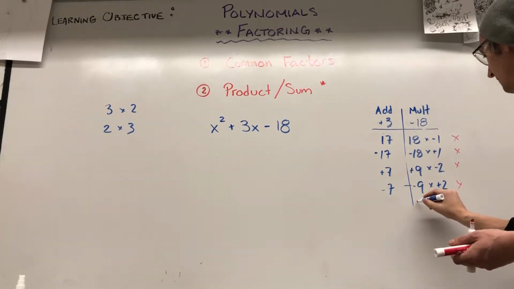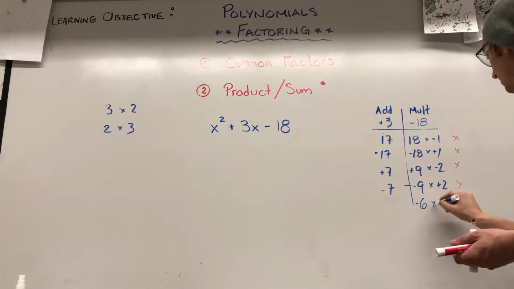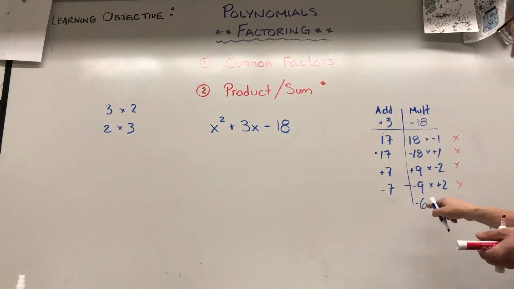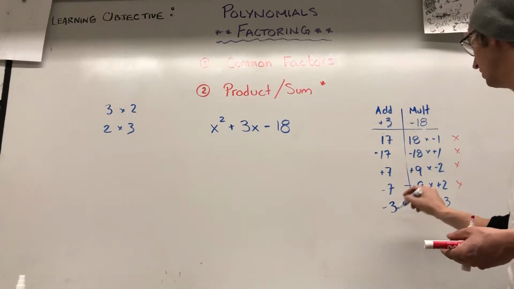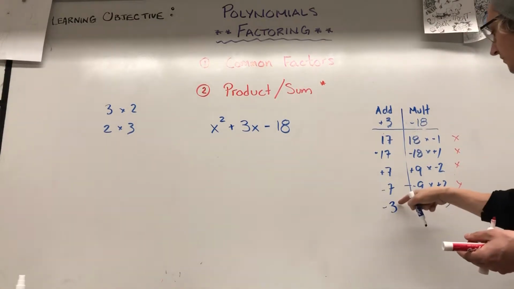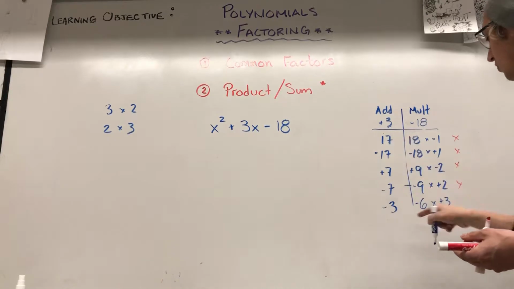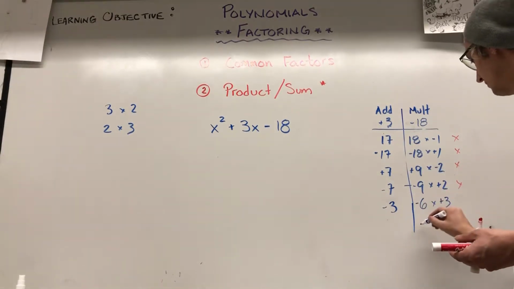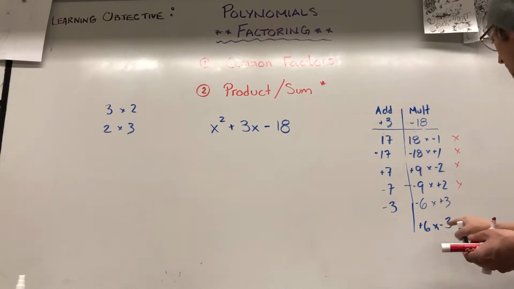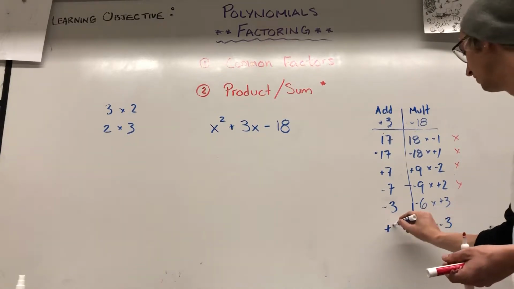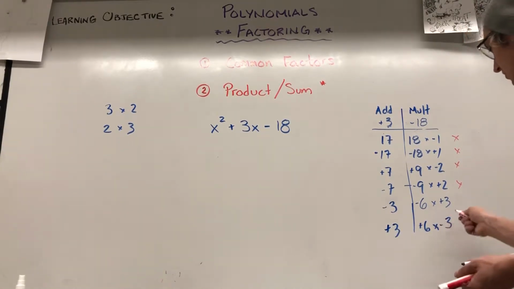Let's do negative 6 times positive 3. Negative 6 plus 3 is negative 3. Okay, so I've got the right value, just the wrong sign. So let's reverse it. Positive 6 times negative 3. 6 minus 3 is positive 3. This is what we're looking for. This is the winner right here.